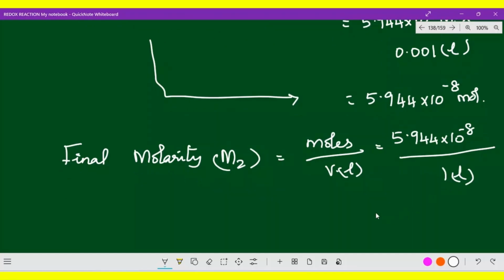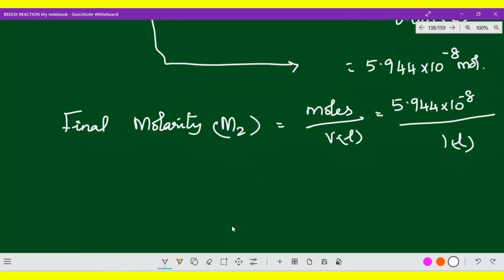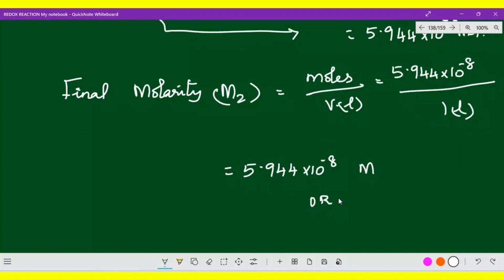So the resulting molarity is the same: 5.944 into 10 to the power of minus 8 molarity, or mole per liter. That is what they are asking in the question, right? The final molarity is 5.944 into 10 to the power of minus 8 molarity.